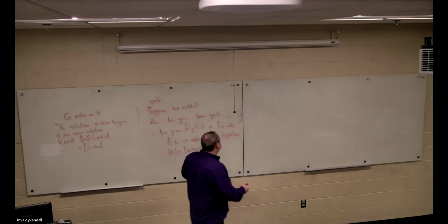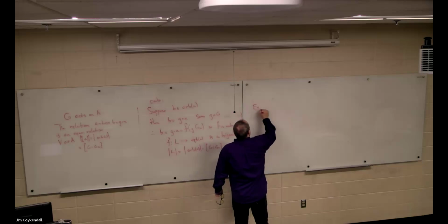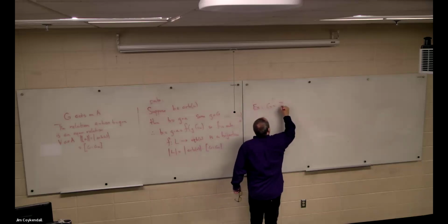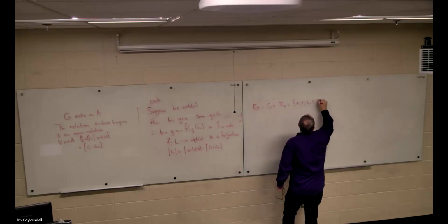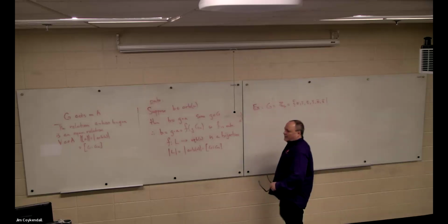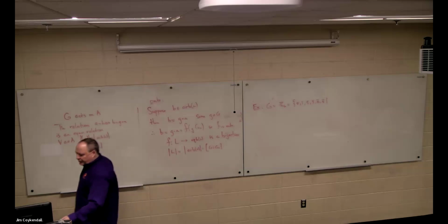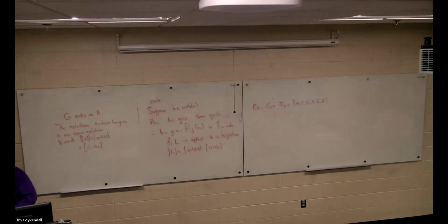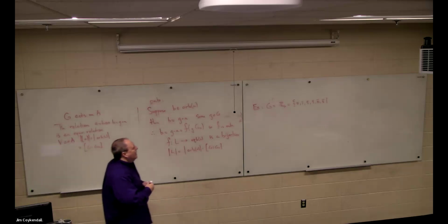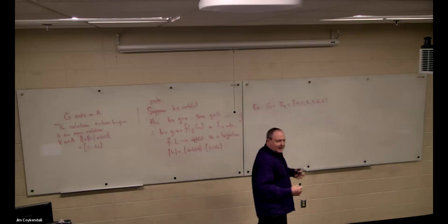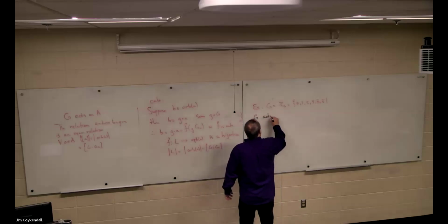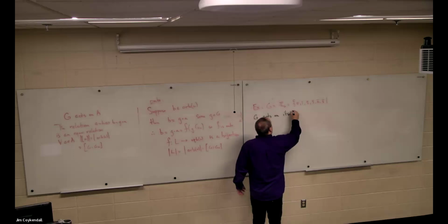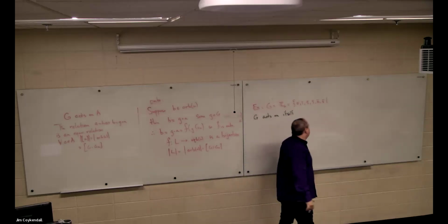Let's look at Z6. I'm going to give you what I hope is a concrete look at some examples of permutations, how you might think about permutation. Let's let G act on itself. So here, my set that I'm acting on is G itself. I usually call this left multiplication. I'm going to call this left translation.